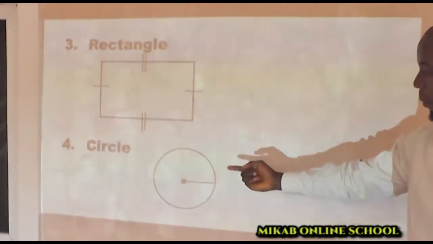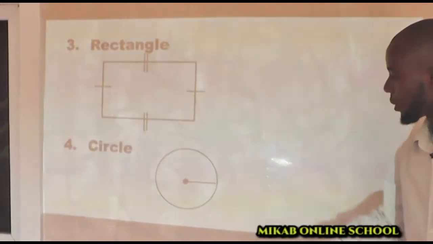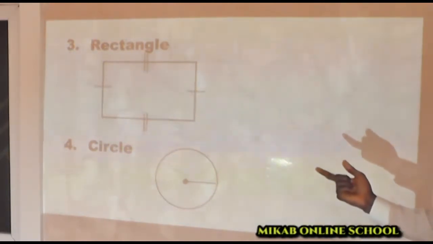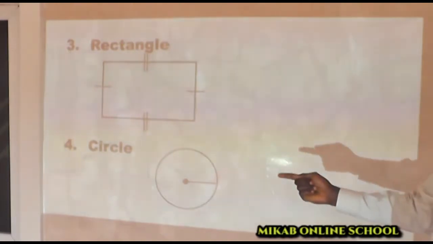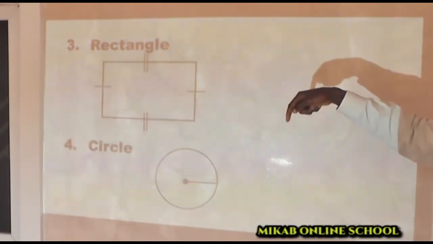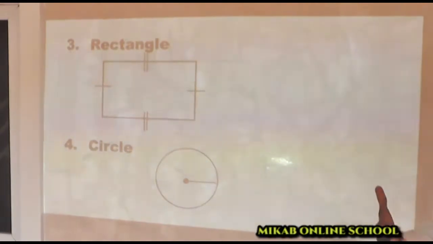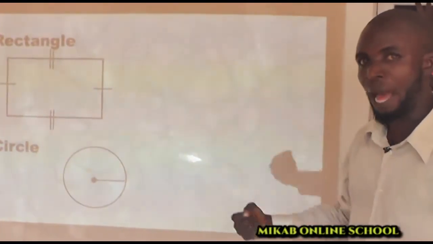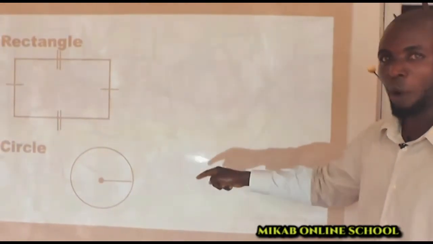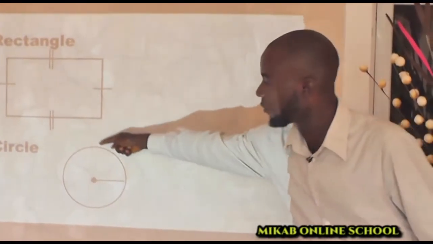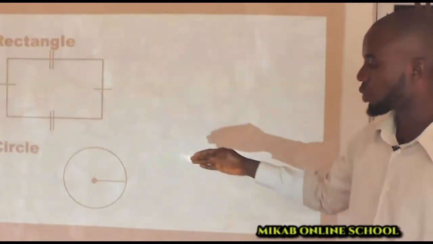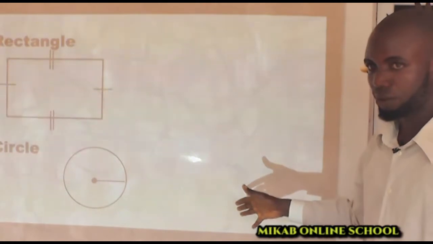The other example is this circle. A circle has a common point named the center, and the distance from that center to any point on the circumference of the circle is referred to as a radius.